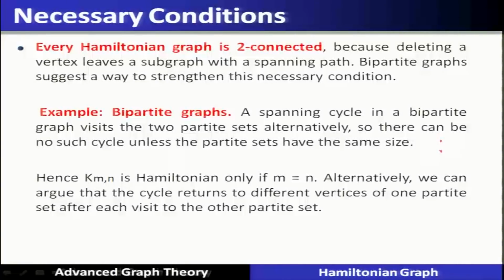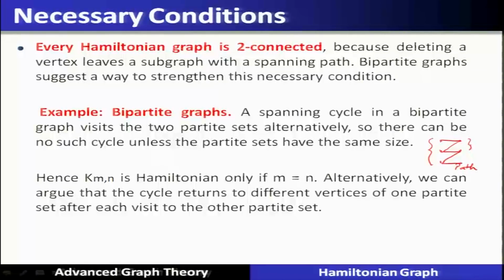So take this particular example. This particular partite set has 3 elements, this has 2 elements. A spanning cycle in a bipartite graph visits the 2 sides, so there can be no such cycle unless the partite sets are of the same size. So this becomes a path.